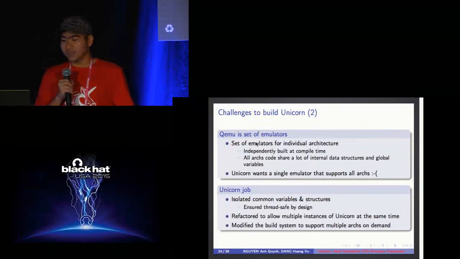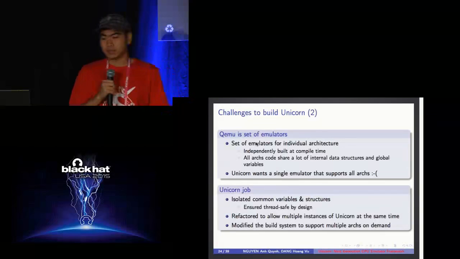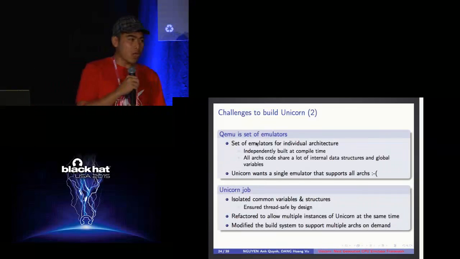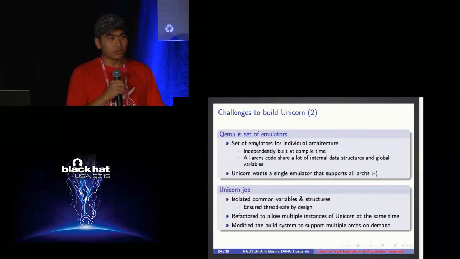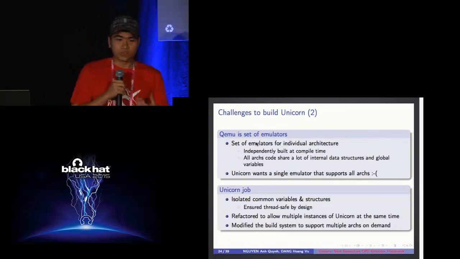What we want is to have a single emulator API, a framework that can support all architectures. And we should allow the user to choose what architectures they want in their code. Just like Capstone, you just put in the make file that you want x86 only, or ARM only, or ARM and x86.